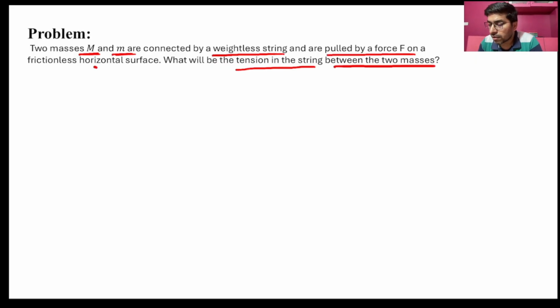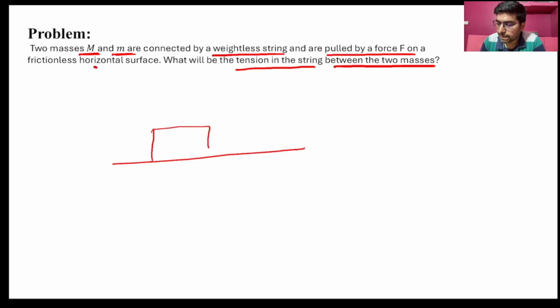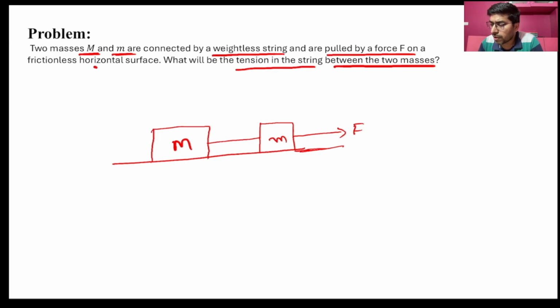Suppose it is like this, with another string and small m. Someone applies force F, and the surface is frictionless. On small m, force F will be in this direction and tension will be in the opposite direction, right?